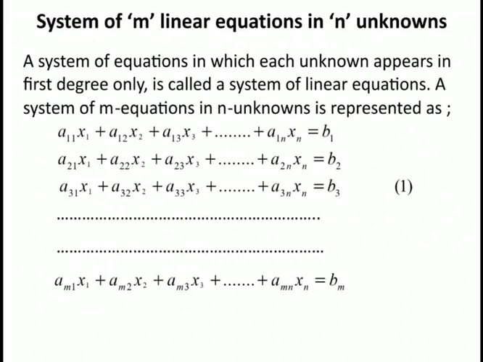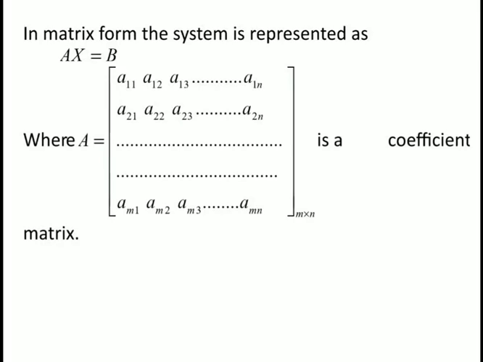The second equation is a21x1 plus a22x2 plus a23x3 etc. up to a2nxn is equal to b2. Like this we have m equations in n unknowns. The mth equation is am1x1 plus am2x2 plus etc. up to amnxn is equal to bm.